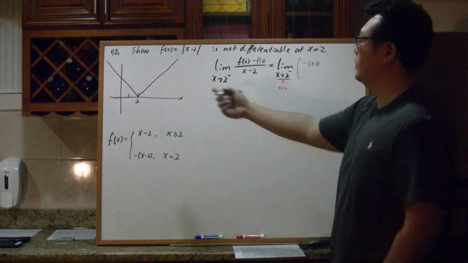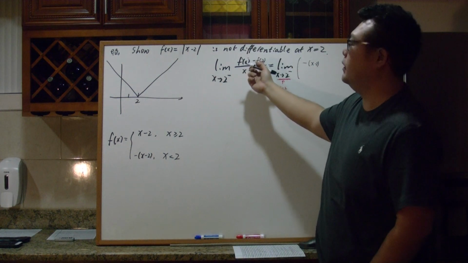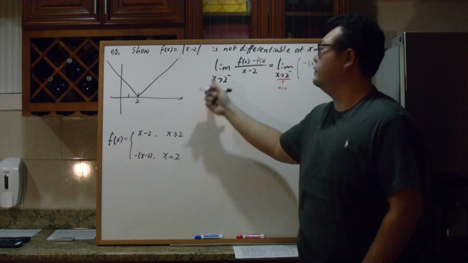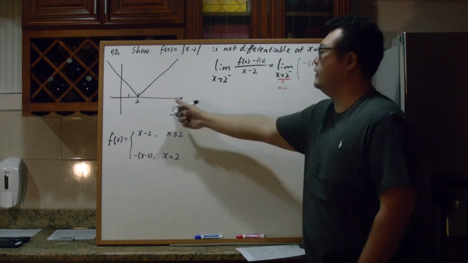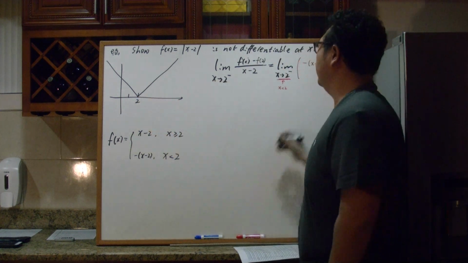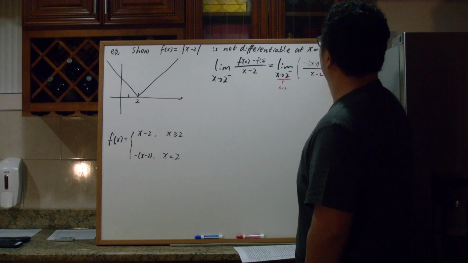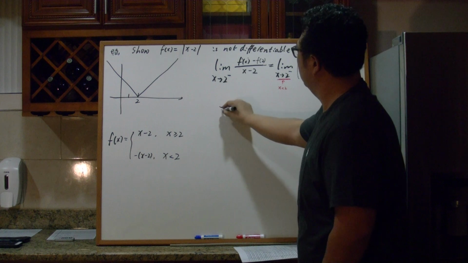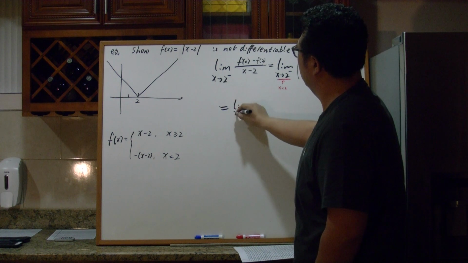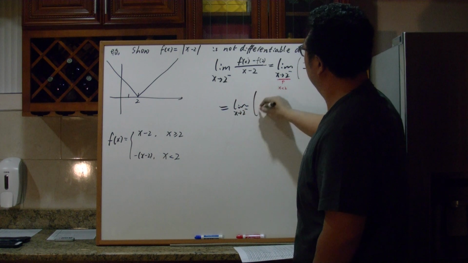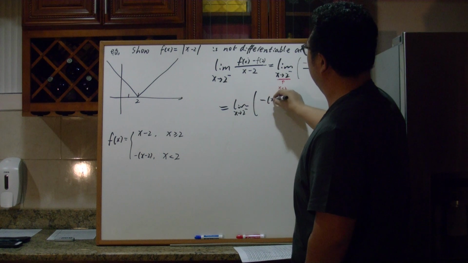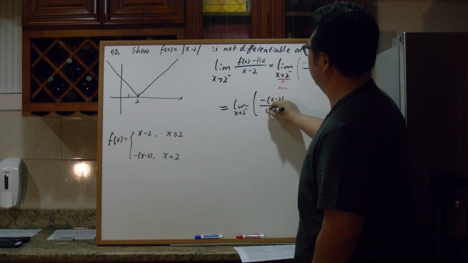And f of 2 for the piecewise function, I had the wrong formula before, now it's correct. The difference of y over the difference of x. The f of 2 anyway is 0. Negative x minus 2 over x minus 2.